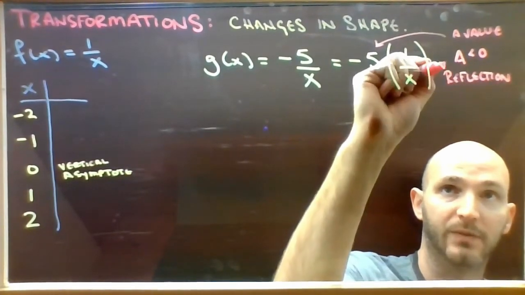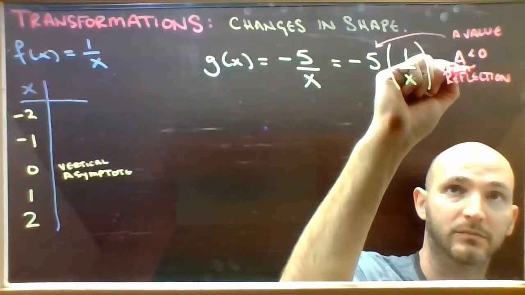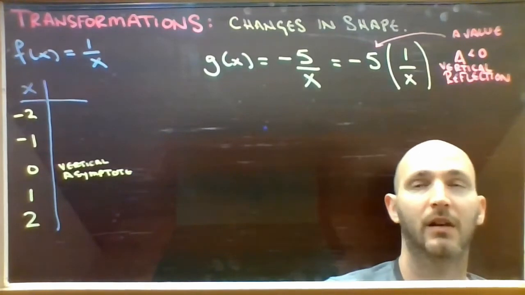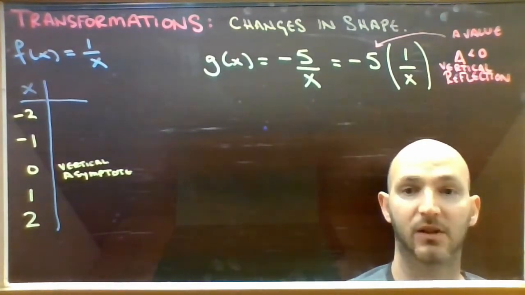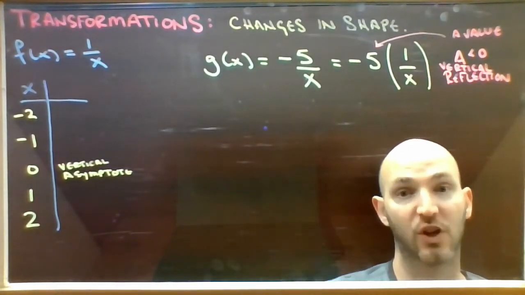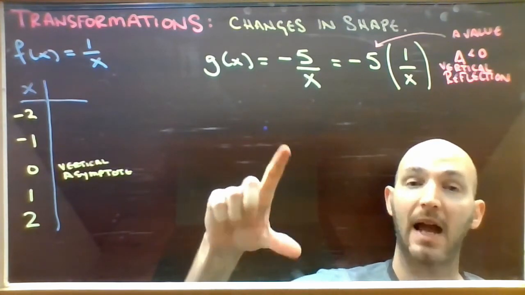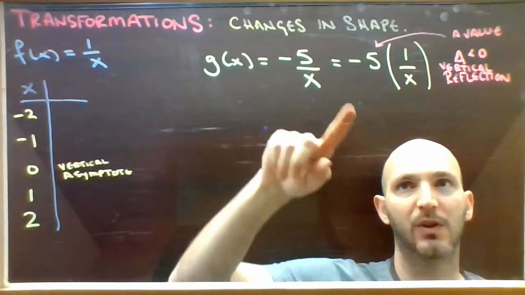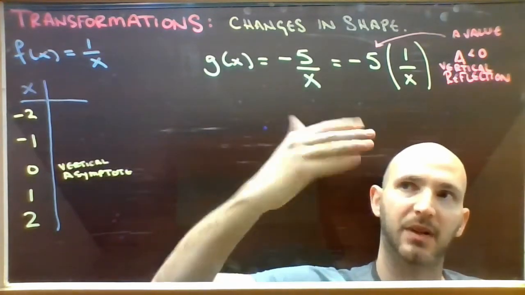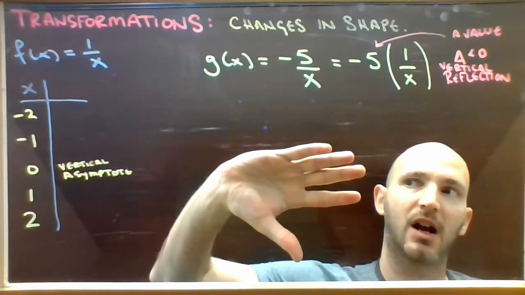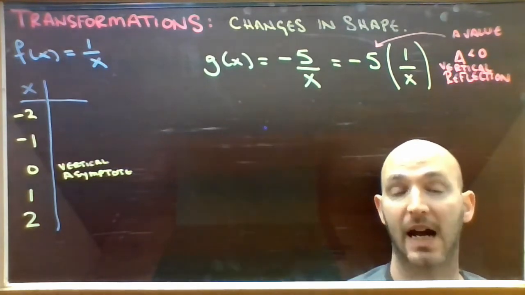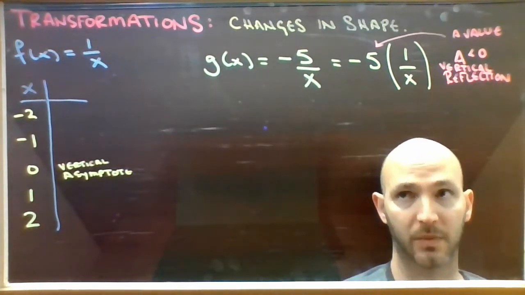So vertical reflection. And since this number is greater than 1, just like the positive a values, if it's greater than 1, it's a magnification. So not only will this thing be flipped, but it will be flipped and then all of the dots will be pushed further away from the axis than they normally would be.